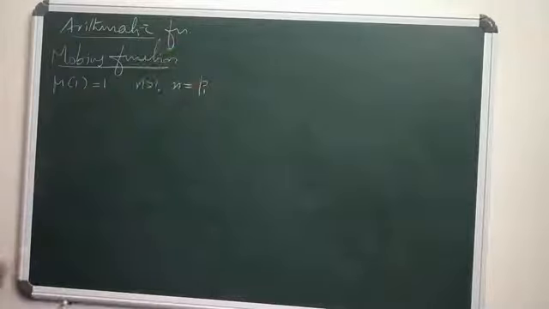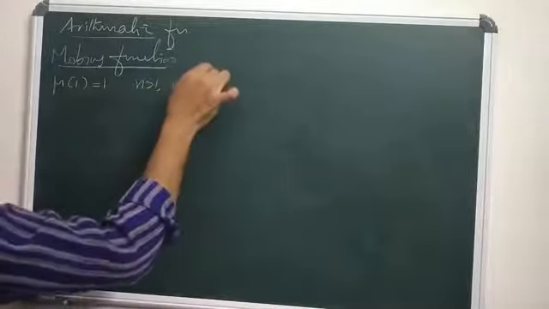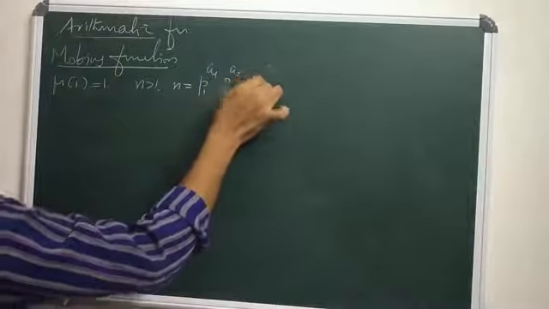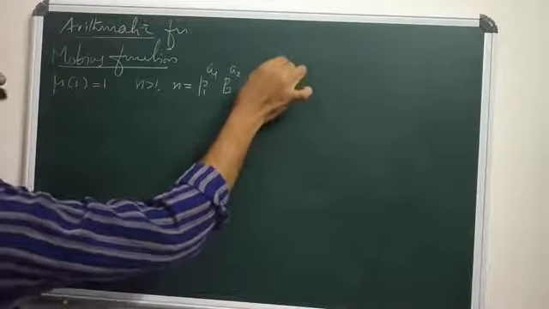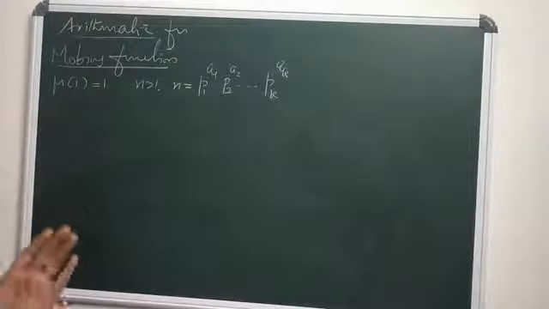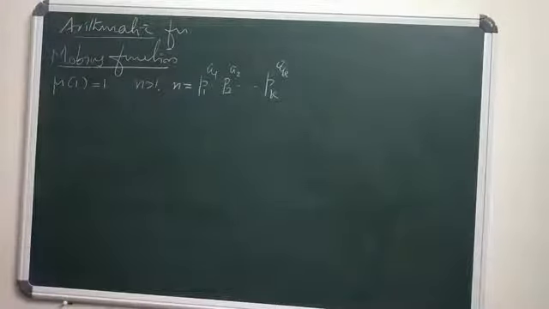the product of powers of primes, suppose n equals p1 power a1 into p2 power a2 into etc. into pk power ak, where the pi are primes and a1, a2, etc., ak are positive integers.